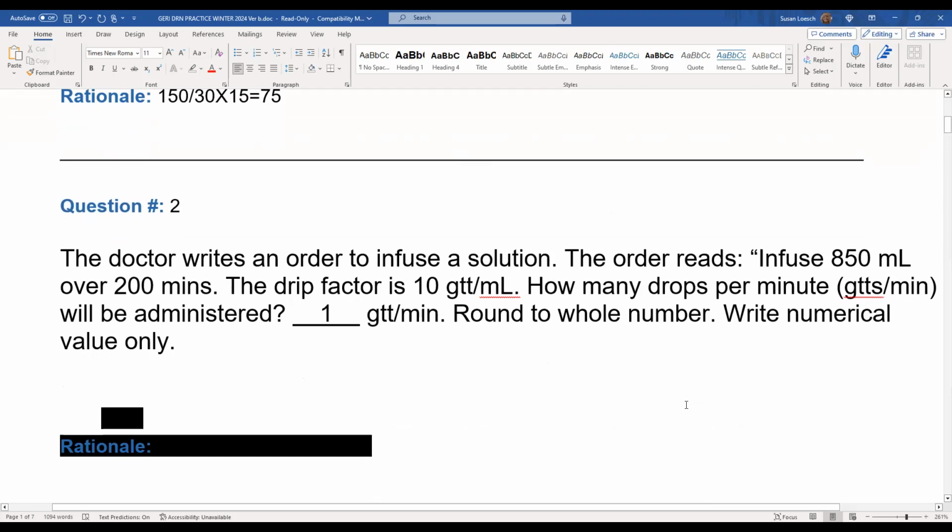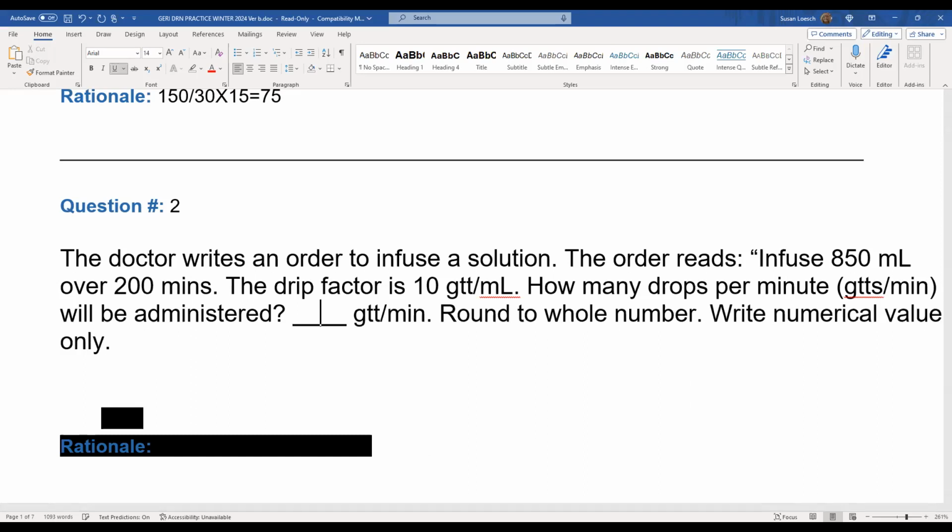All right. This is just another drip factor. Go ahead and do it. 43 drops per minute.